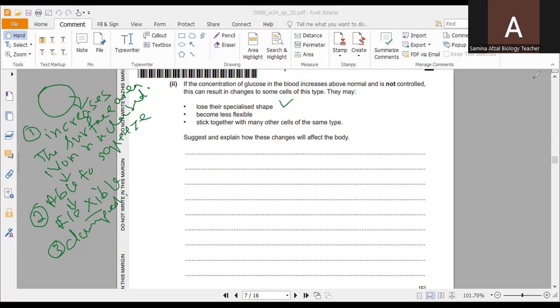If red blood cells lose their biconcave shape and become less flexible, their ability to efficiently carry oxygen to the body tissue is compromised. Less transportation of oxygen, and then reduced blood flow.